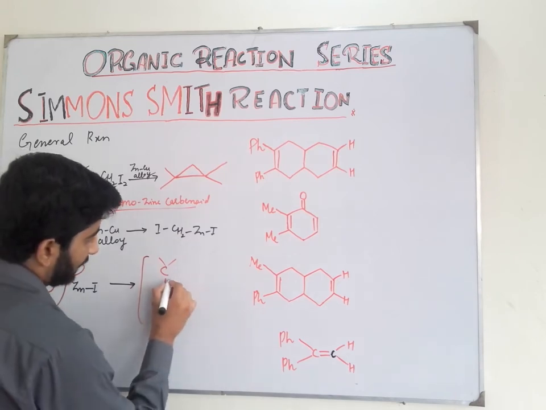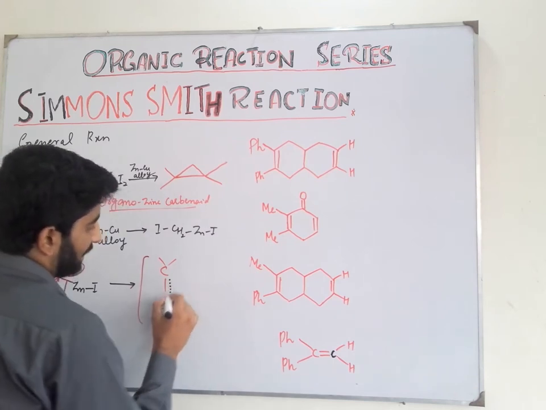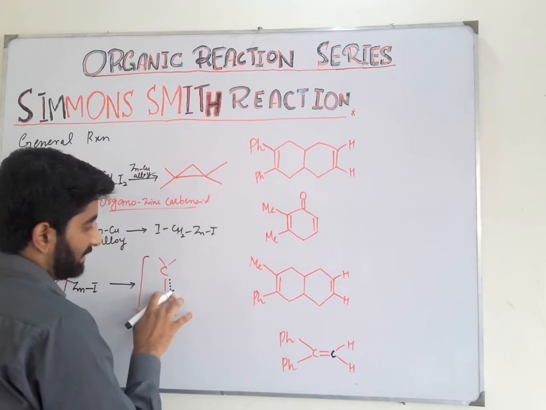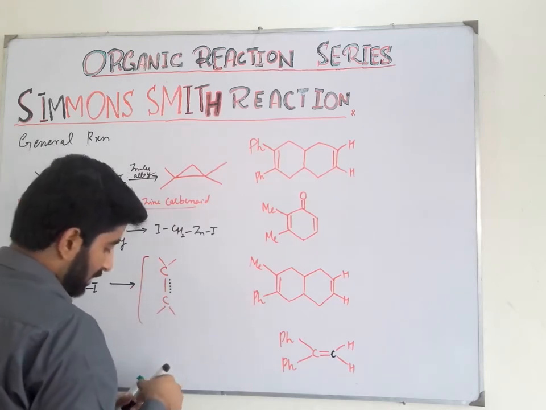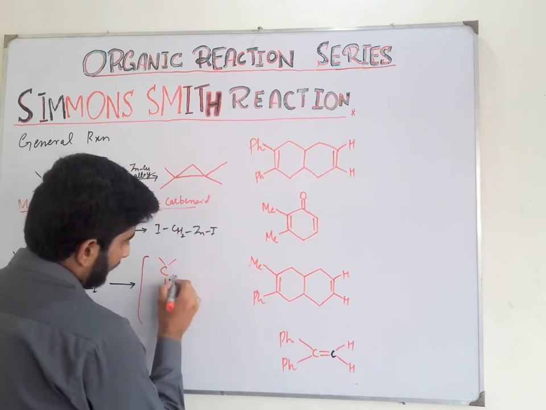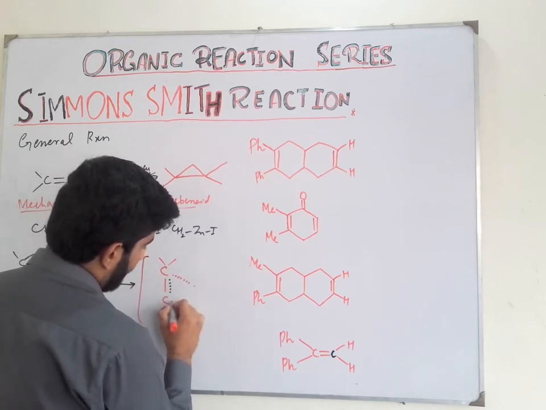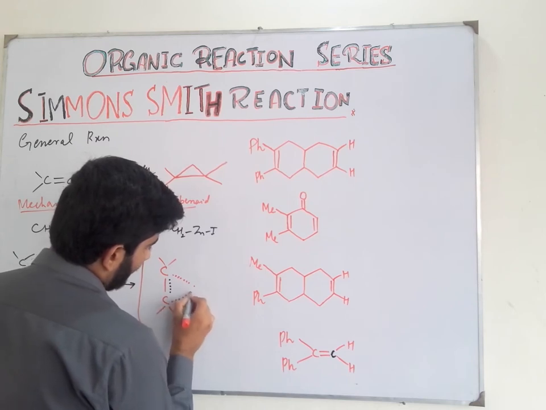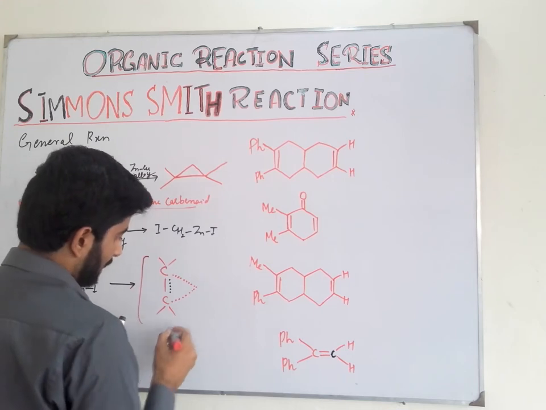Because it is a cheletropic organic reaction, there is a transition state formed. This bond breaks, that is represented by the black dots, and the bonds that are represented by the red marker are the new bonds that are formed.